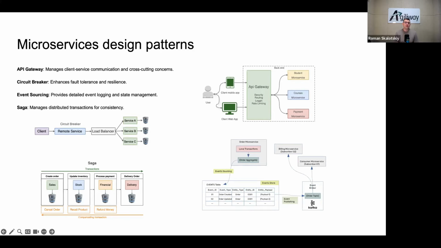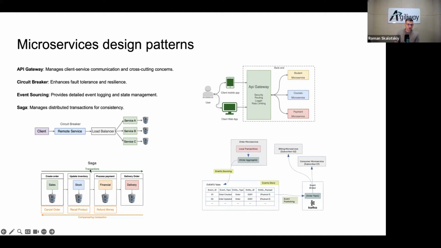And the last one is Saga. Saga is a series of local transactions. In a microservice application, the Saga pattern can help maintain data consistency during distributed transactions. On the slides, you can see that we have two transactions.